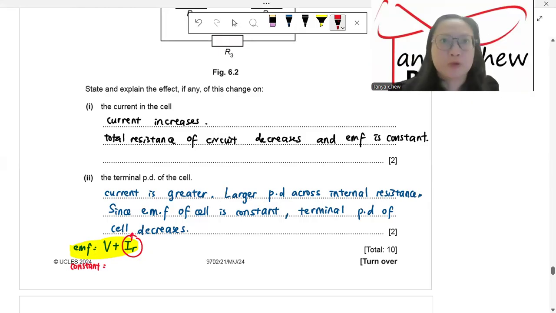But the total PD, which is the EMF, must be constant. Since the PD across the internal resistance is increasing, the PD across the cell would have to decrease. So the current is larger, the PD across the internal resistance is larger, the EMF of the cell is constant, therefore the terminal PD of the cell must decrease.